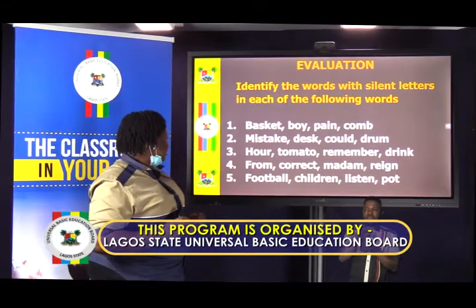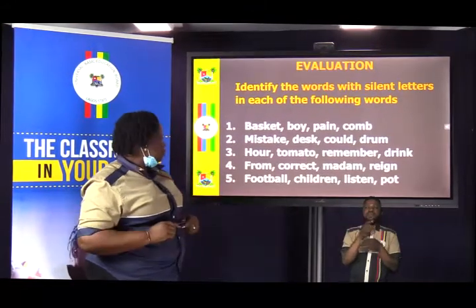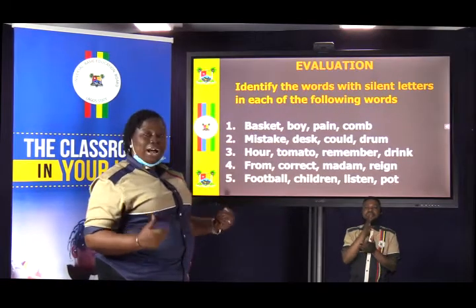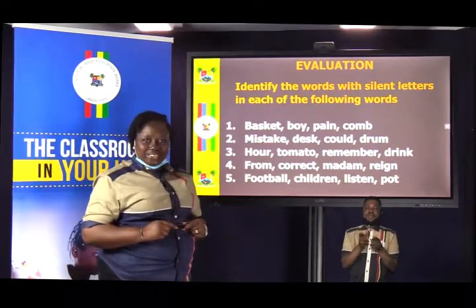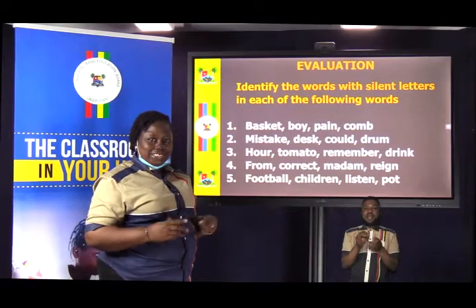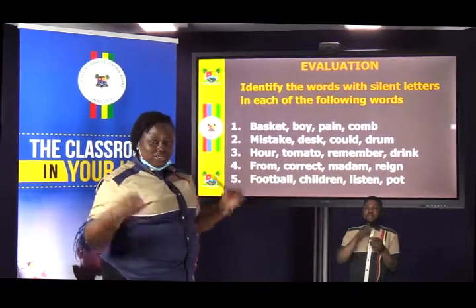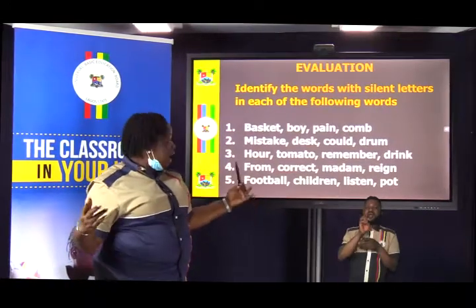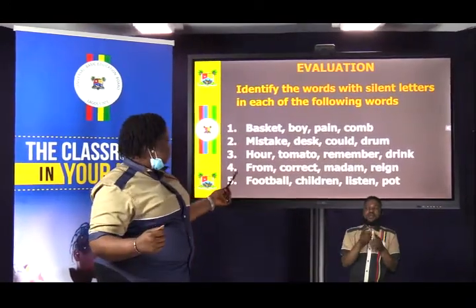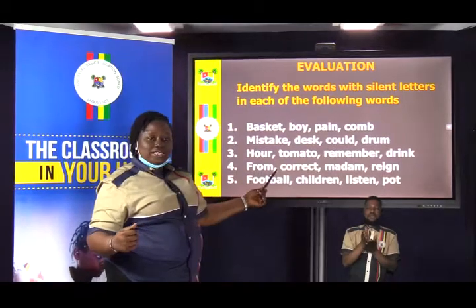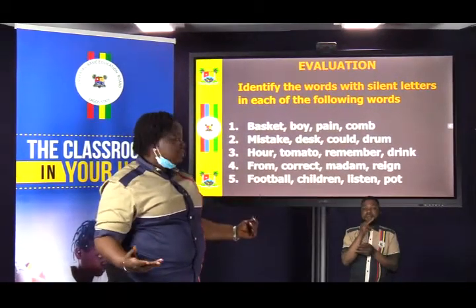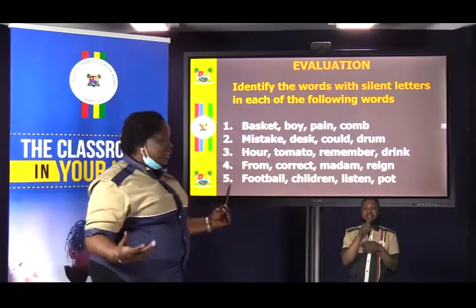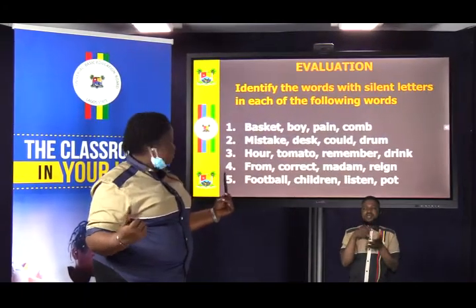Brilliant children. Number 4: from, correct, madam, reign. Reign, as in that of royalty, not drops of water. Reign, R-E-I-G-N. Which one has a letter that is silent in it?